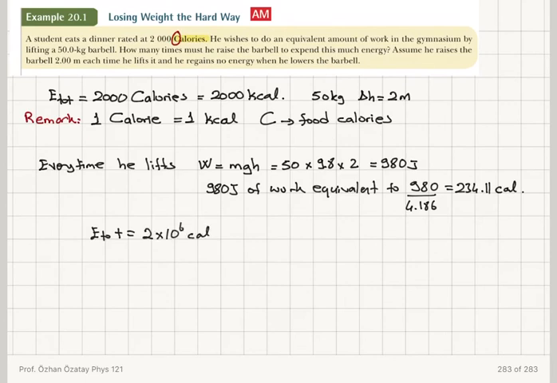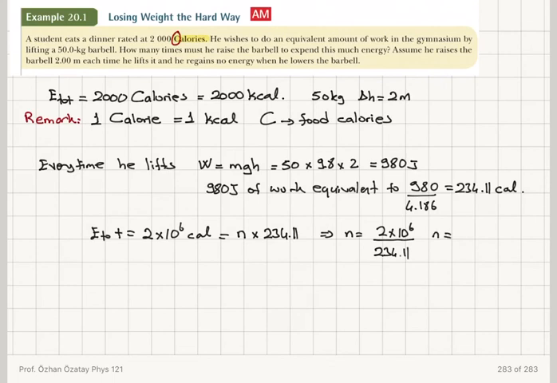Now the total amount of energy we have to spend is 2000 kilocalories, so it's 2 times 10 to the 6 calories, and he can do this by raising the barbell every time. So let's call n the total number of times he raises the barbell. Every time he raises the barbell, he spends an energy of 234.11 calories. So we find that n is equal to 2 times 10 to the 6 divided by 234.11.